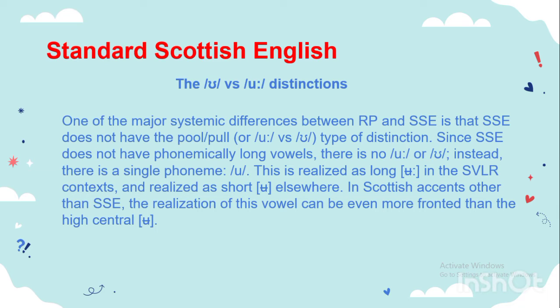Since Standard Scottish English does not have phonemically long vowels, there is no short u or long u. Instead, there is a single phoneme, u. This is realized as a long u in certain contexts and realized as a short u elsewhere.